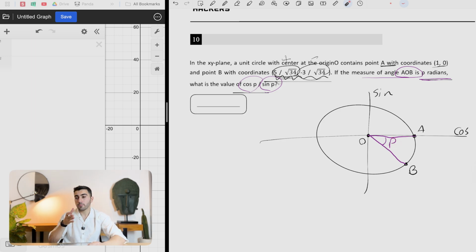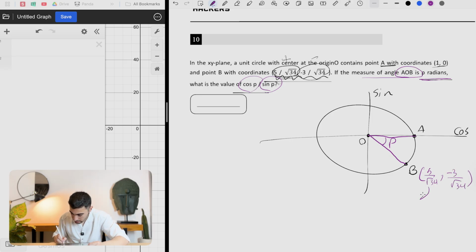Now the fact about the unit circle is that whatever the coordinates of this point are, the x coordinate shows the cosine of this angle, and the y coordinate shows the sine of this angle. So you don't need to find the value of this angle. You just need to know that the coordinates of B are 5 over √34 and the y coordinate is -3 over root 34.